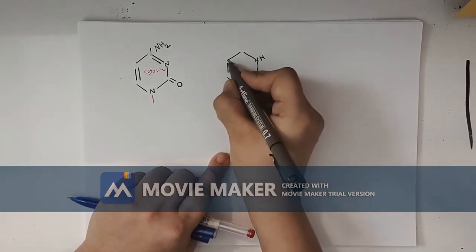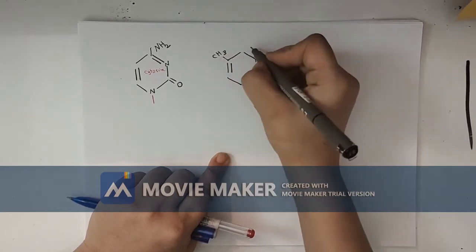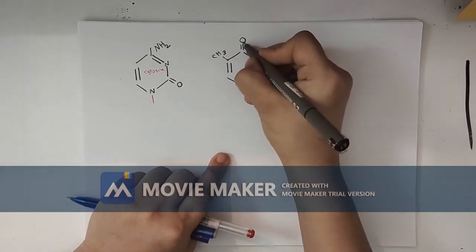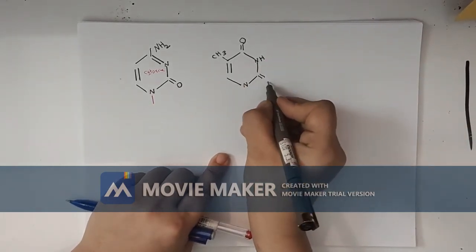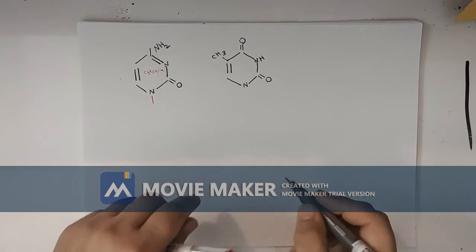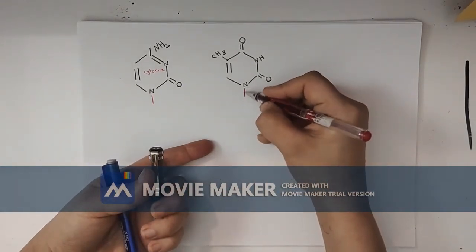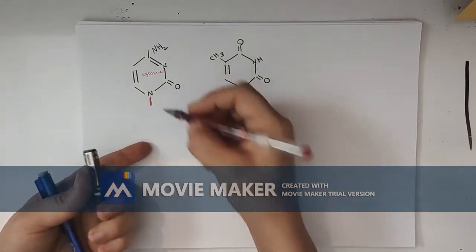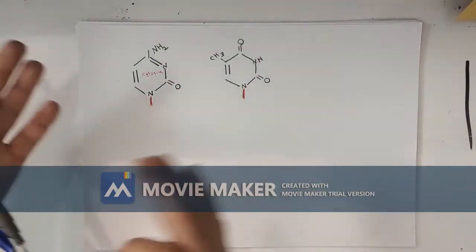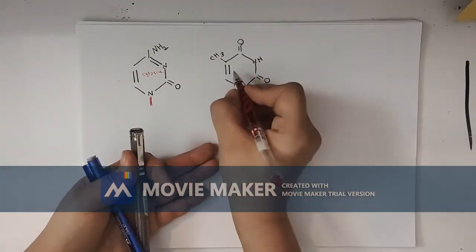And here we have one CH3. And here we have a double bond connected to the oxygen, and here we have a double bond again connected to the oxygen. And from here, again, the base should be connected to the sugar, to the phosphate sugar backbone. So the name of this one is thymine.